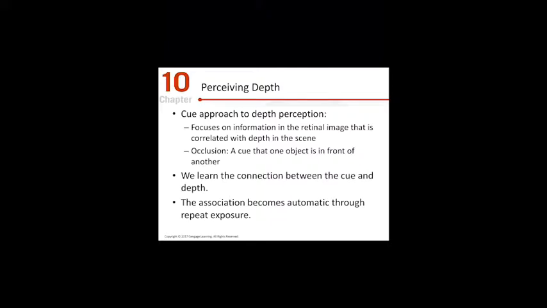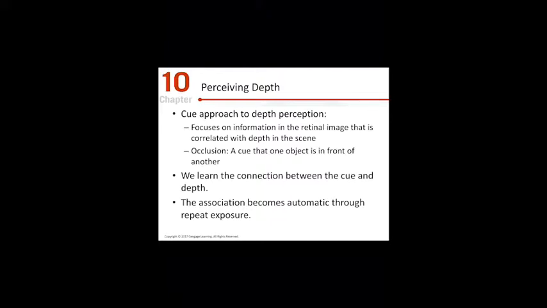So the cue approach to depth perception is essentially how we're able to focus information in that retinal image and how that's correlated with the depth in the scene. So for example, when an object is partially covering another object, we know that the object that's partially covered must be farther away.